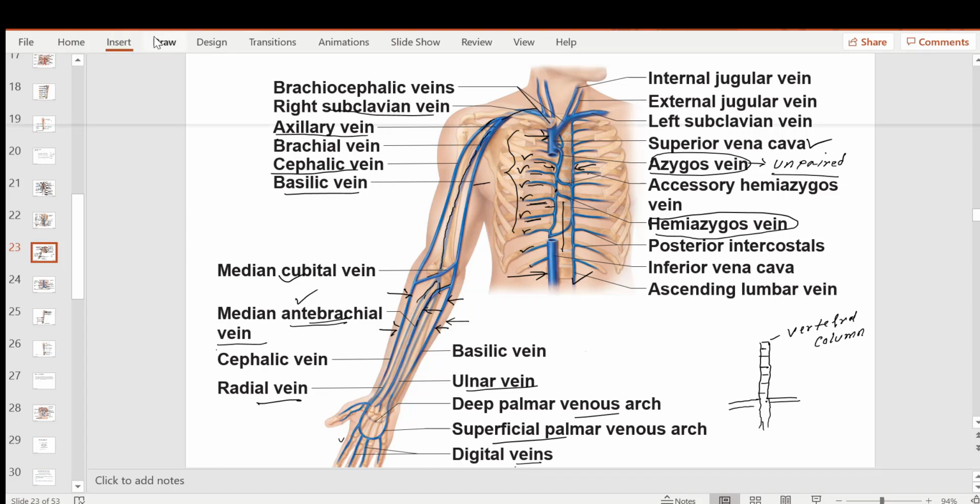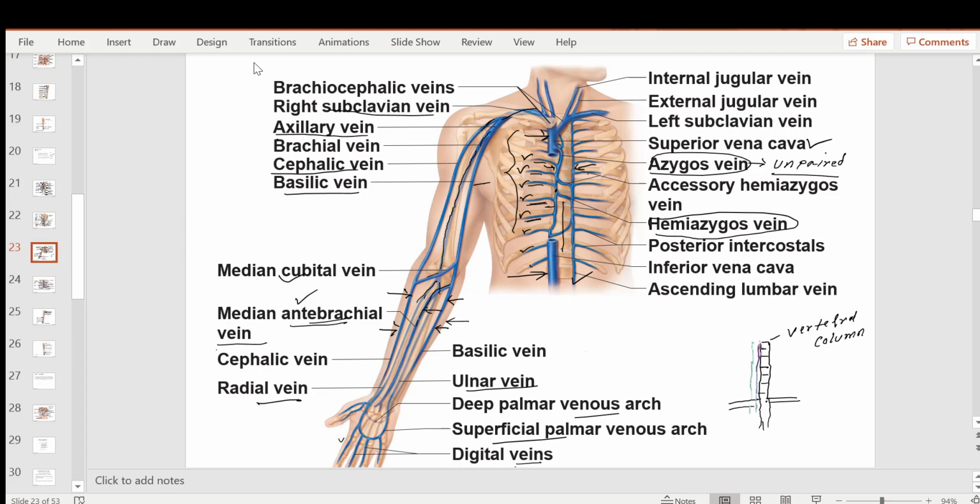Your azygos vein is where? In the right side of the vertebral column, and it passes through the diaphragm too, a small part of it goes to the abdomen.